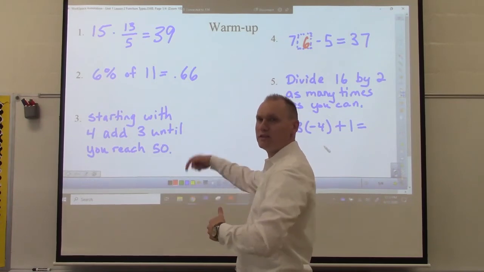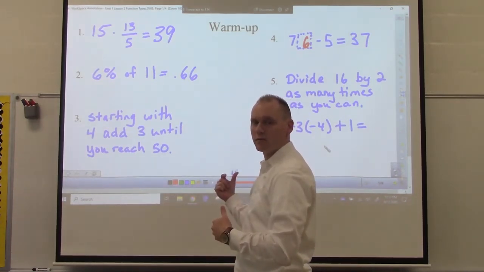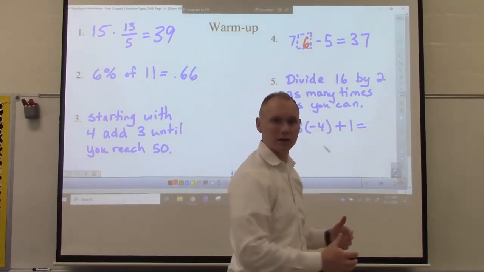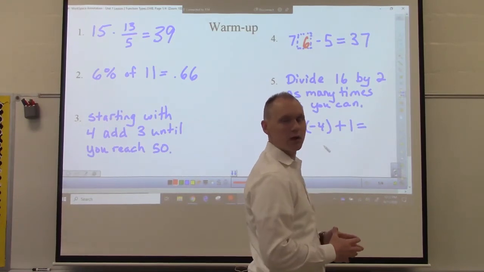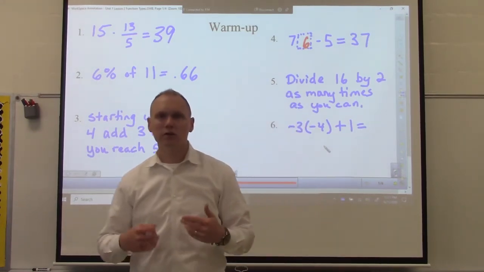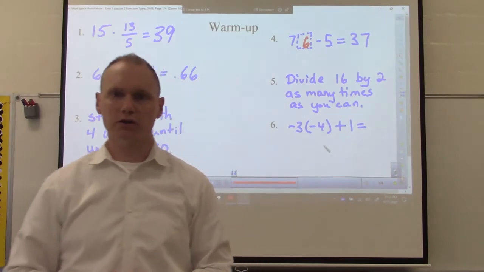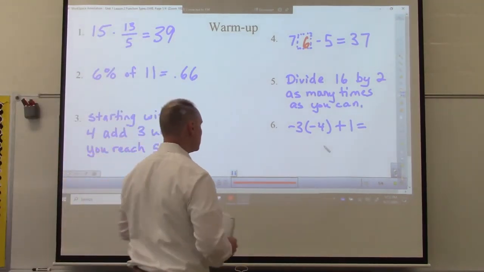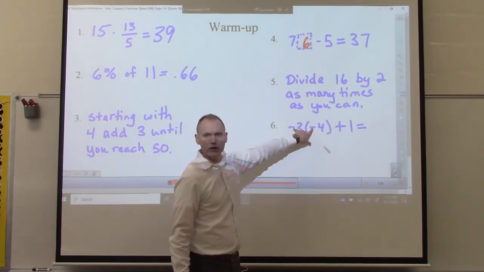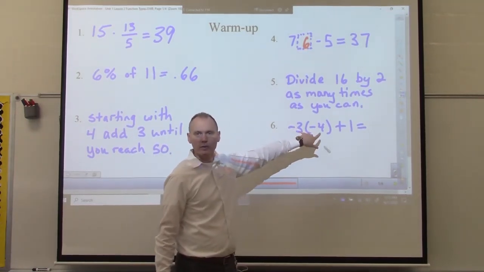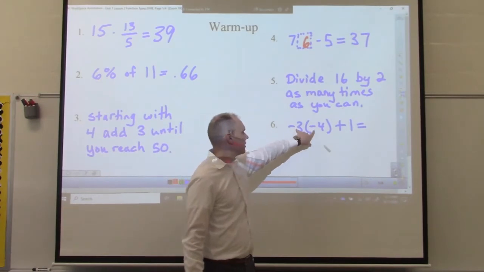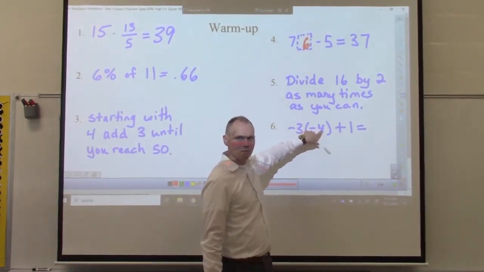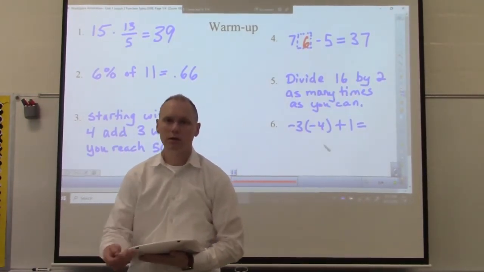But then when we have the additional negative from the -4, we're going to switch directions again. So now we're positive. So think of negative as changing the direction. And so with multiplication, if you start out positive and you change direction twice, you're going to be positive again. So that's going to be a positive 12, plus 1 is 13.